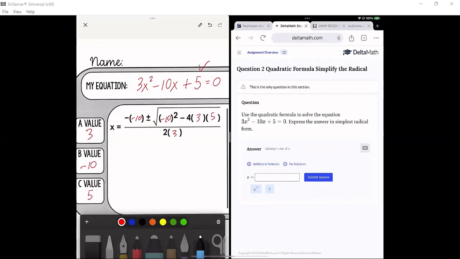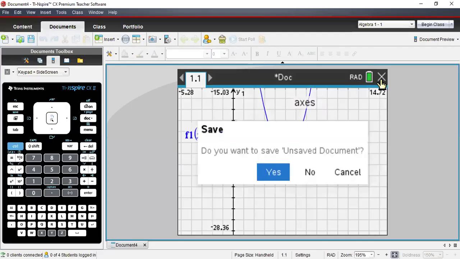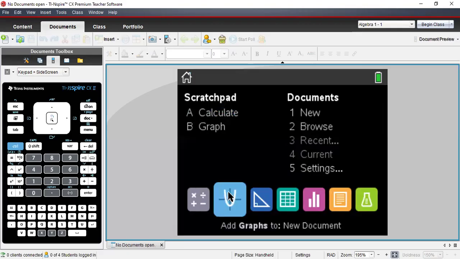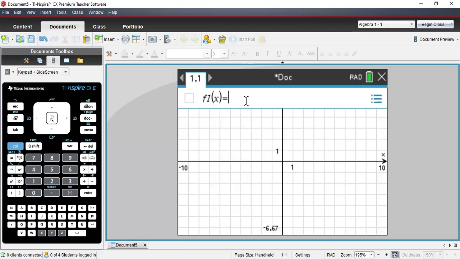You've done that. Now we're going to use the calculator, but there's one thing we're going to do a little differently. All right, so let me get rid of this. And I'm going to graph. Now, the only thing is if the leading coefficient is not 1, then we're going to have to divide it by the leading coefficient. Let me show you exactly what I mean.